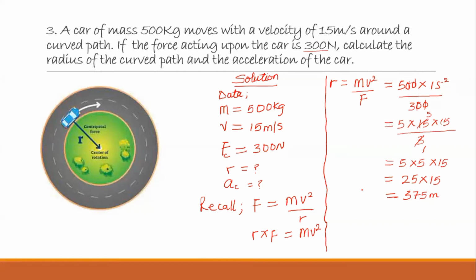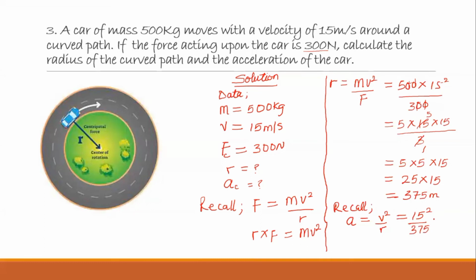The next question said I should look for the acceleration. To get the acceleration, recall again that we have a, acceleration, is equal to V squared all over R, which implies I'm going to have 15 squared all over R, which is 375.